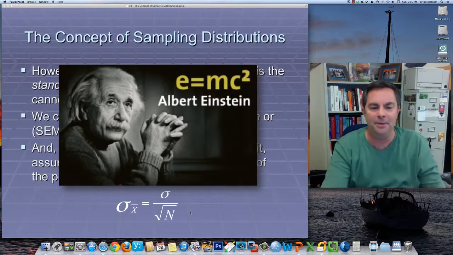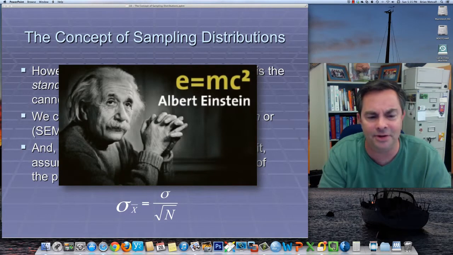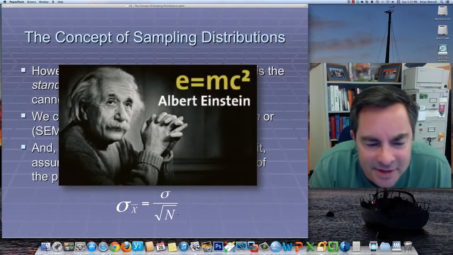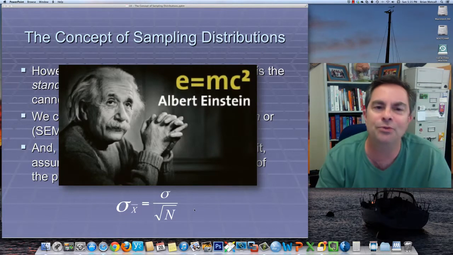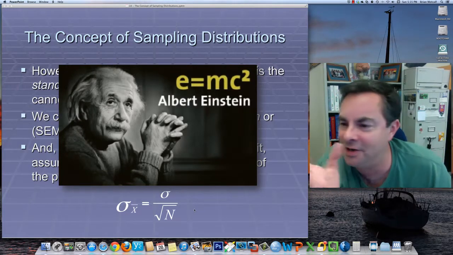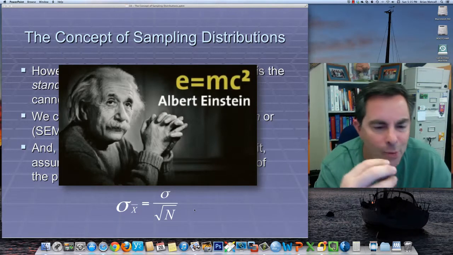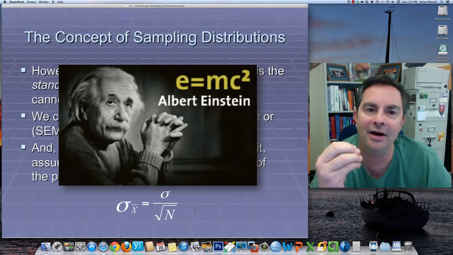E equals mc squared. Ladies and gentlemen, in psychology and social science research, this, my friends, is our E equals mc squared. This formula is why you are here, why you can be a psychology student studying research, and why we can go on to do research. Because we need the standard error, as you're going to see.